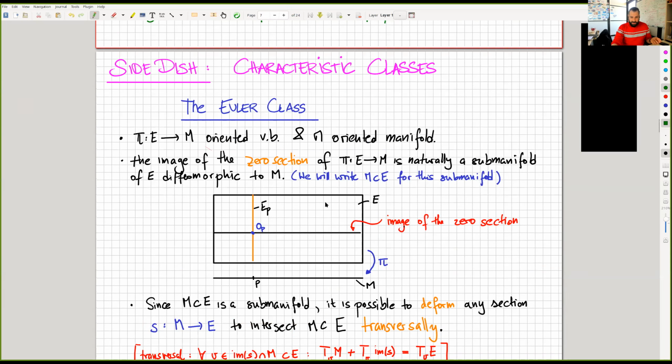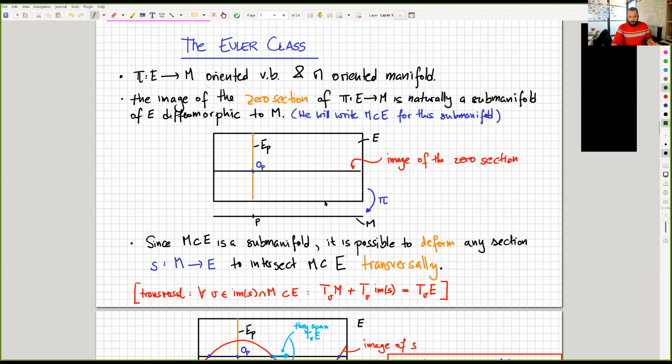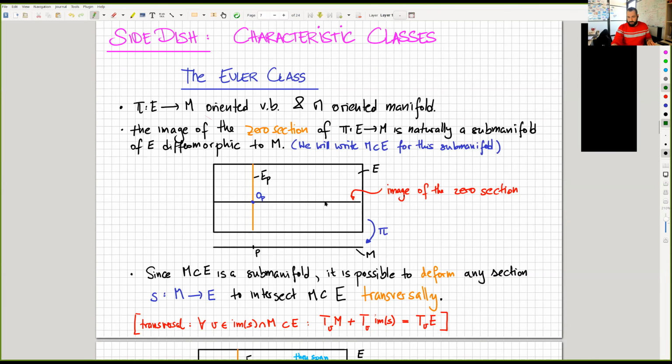Now let's take another section. Then there is a theorem in topology which says that if you take any section of this vector bundle, you can always make it transverse to the zero section.